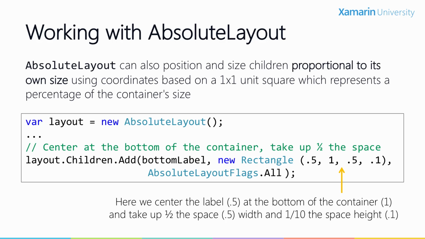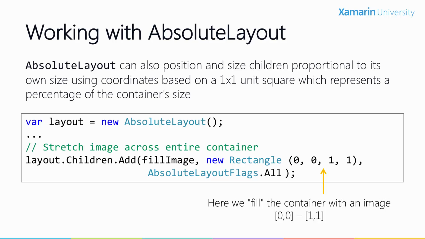So here we say all of our values should be interpreted as proportional ones. So here we're creating a label that is centered. X is 0.5. It's going to be positioned at the bottom of the container. The Y coordinate is 1. And we want the size to be half the container width and 1/10 of the height. So that's the 0.1 here.